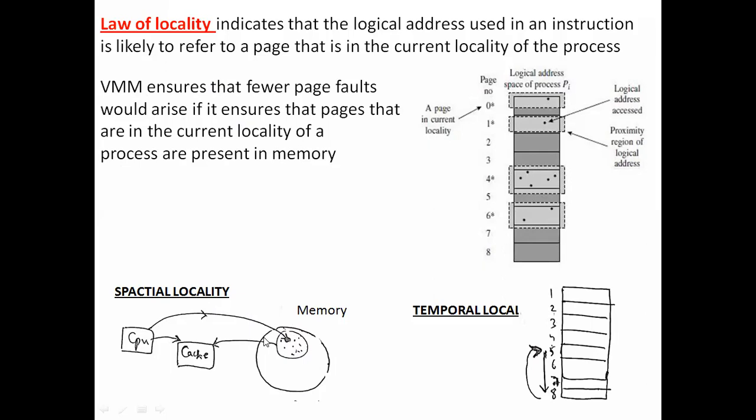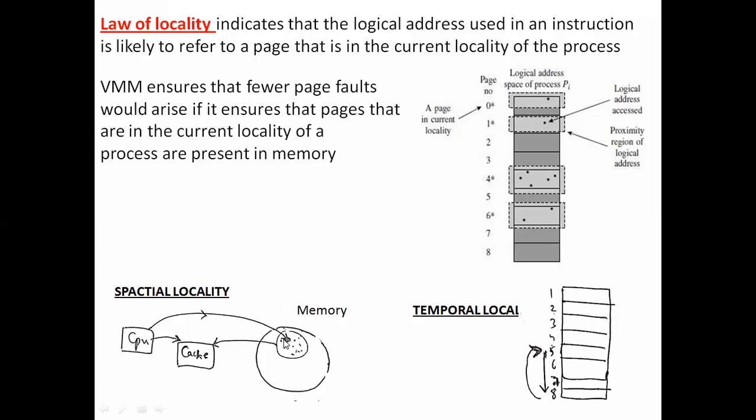So as to reduce the access time and increase the speed, I'll store all the neighboring instructions or addresses in the cache memory, so that the CPU can access all the instructions or addresses from the cache. Hence we avoid the CPU accessing the main memory, the RAM, because accessing RAM takes more time.